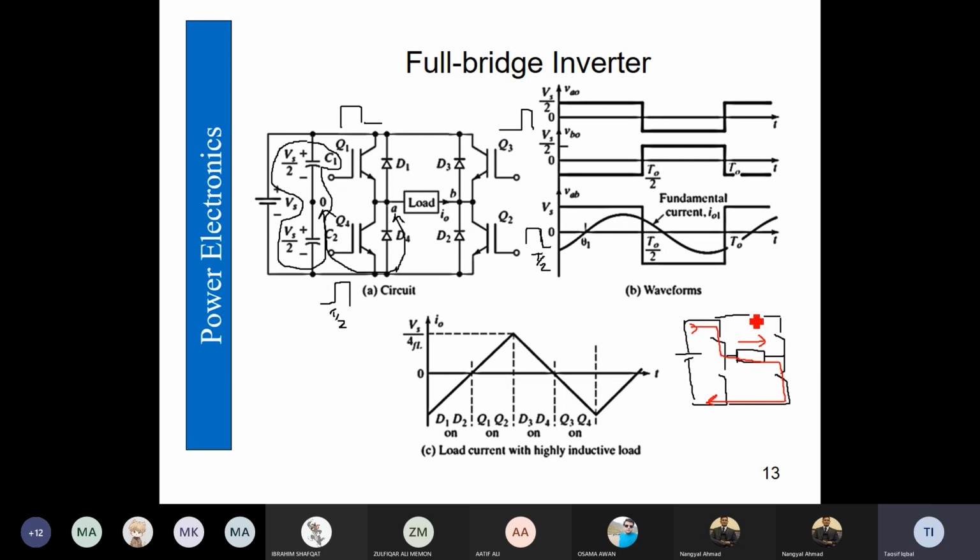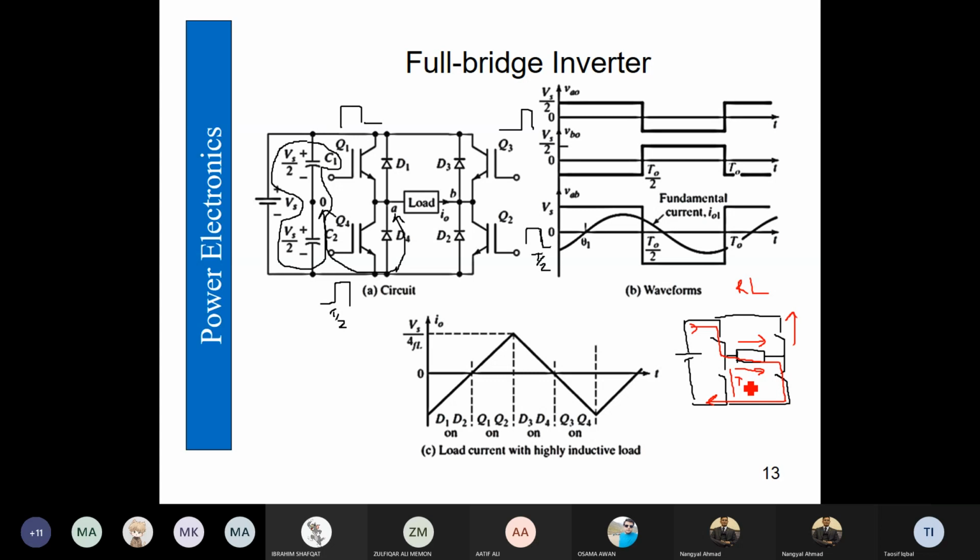So now if this kind of load is inductive type, an RL load, then the inductor is going to store the energy when we are switching on Q1 and Q2, and keeps the current in the same direction even when Q1 and Q2 are off, and the current flow would become through the diodes D3 and D4.